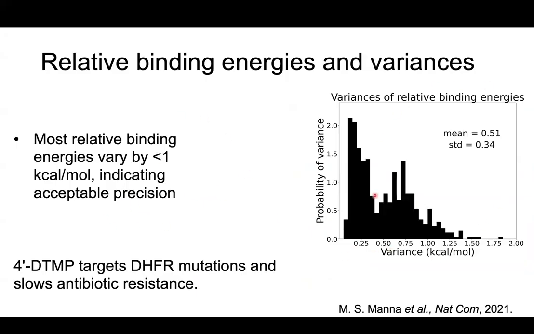So we take the relative binding energies here. As you see, this is the 1 kcal per mole. Most of them are lower than 1 kcal per mole, making our relative binding energy really reliable. And at the end, we can say that the newly developed drug targets DHFR mutations well and slows antibiotic resistance.